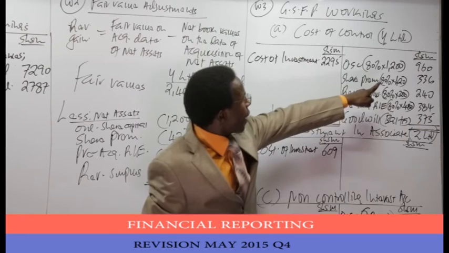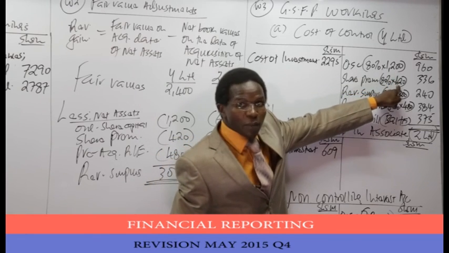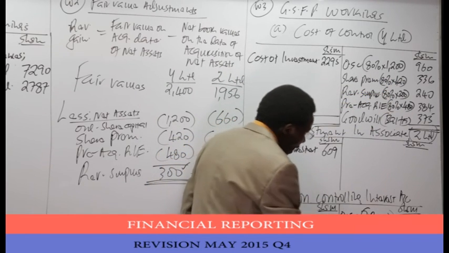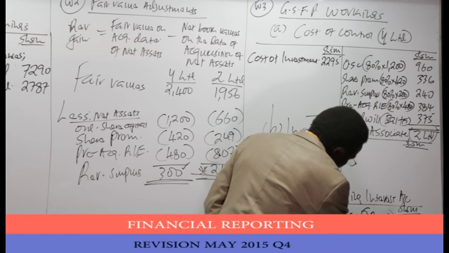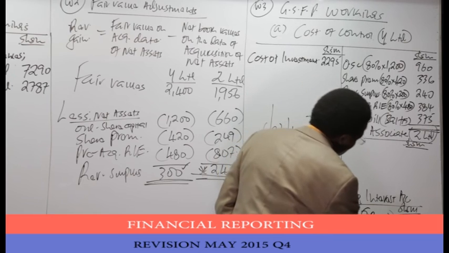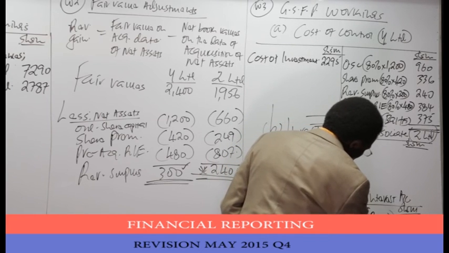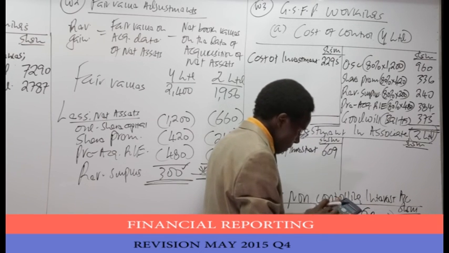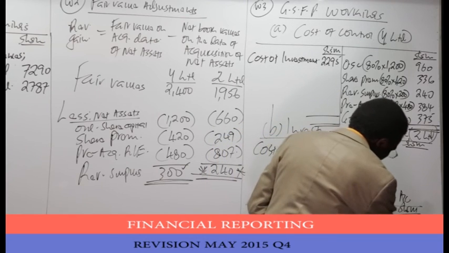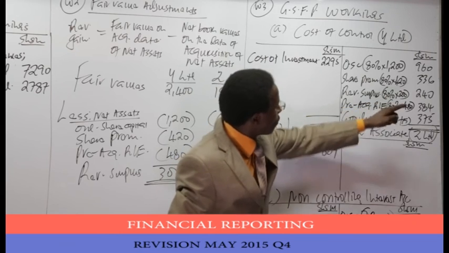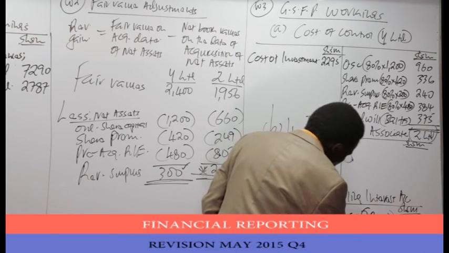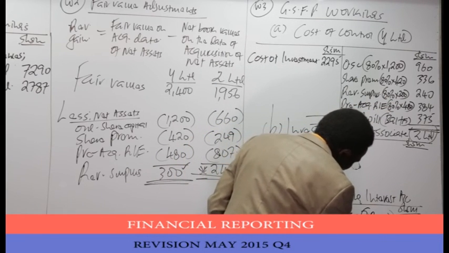We have taken 80% of the share premium, so 20% goes to the NCI. We have taken 80% of the revaluation surplus, so 20% goes to the NCI.